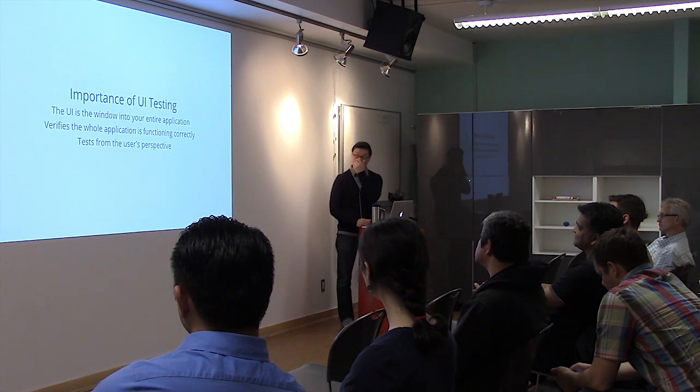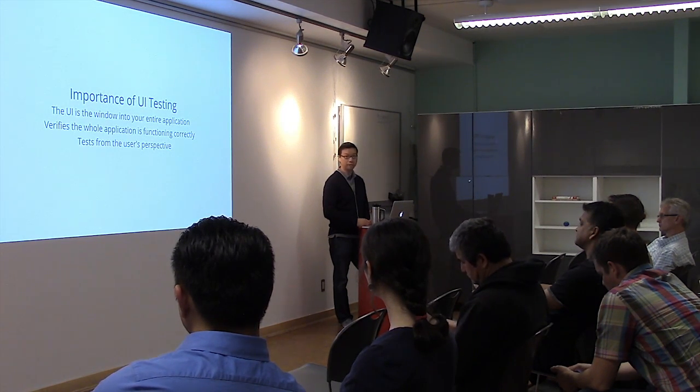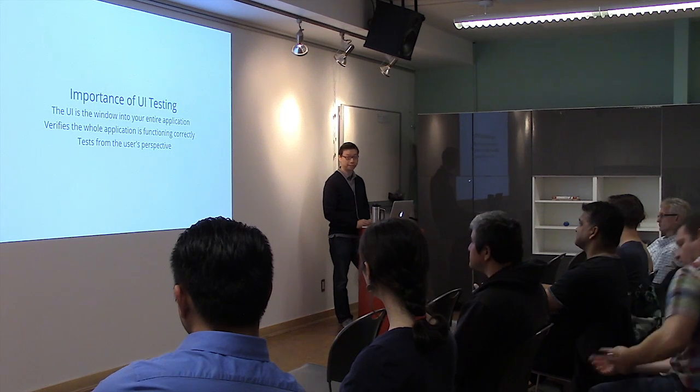So I'd like to start with just the importance of UI testing. Most of you probably know this already, but I would argue that UI testing is the most important type of testing. The UI is the window into your entire application. There are many types of testing, such as unit testing and integration testing, that test different parts of your application system.